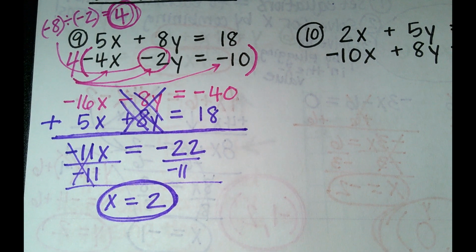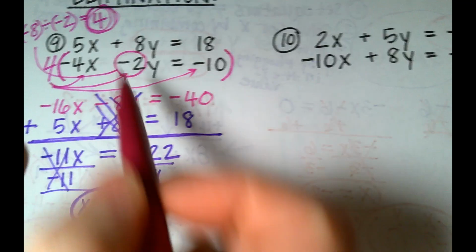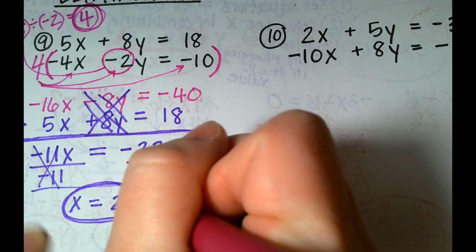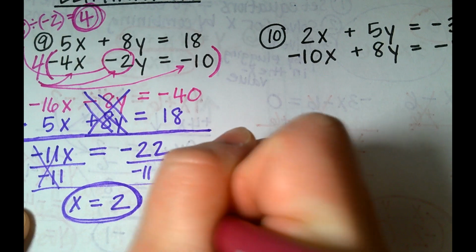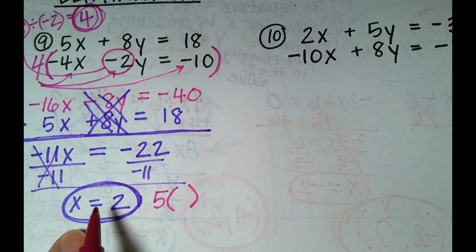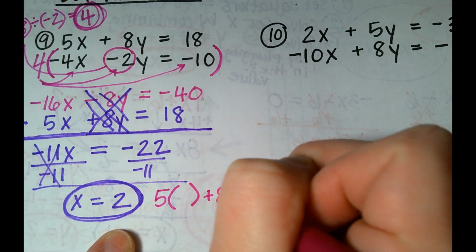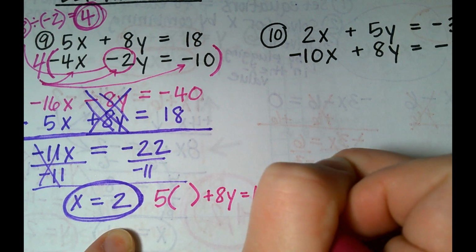So I think I'm going to use the top one, unless anybody wants to see the bottom too. I'm going to write 5x, but instead of x, I leave a space because I'm plugging in my 2, plus 8y equals 18.